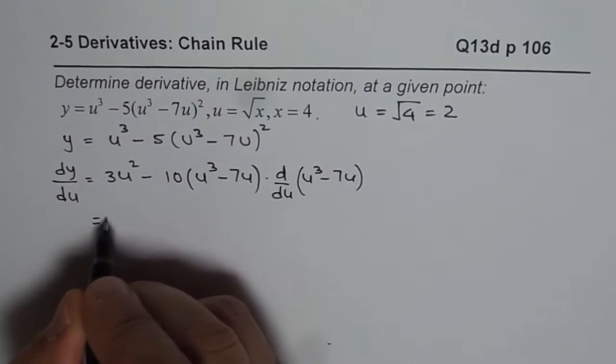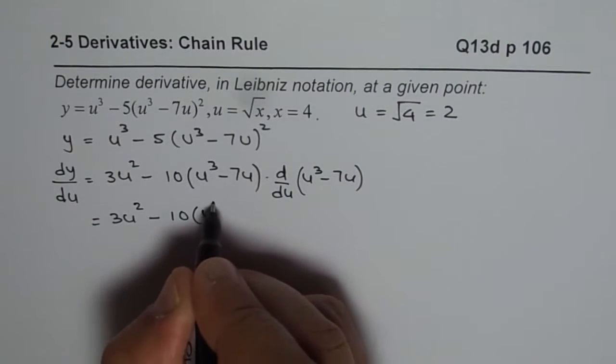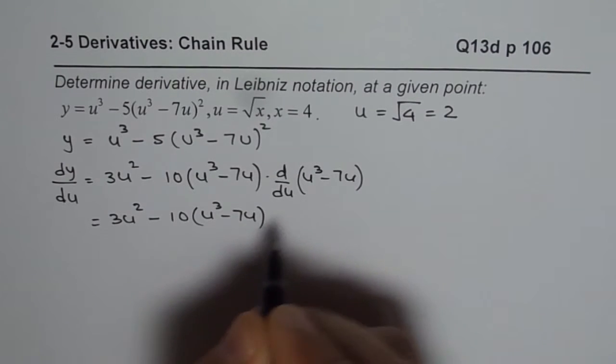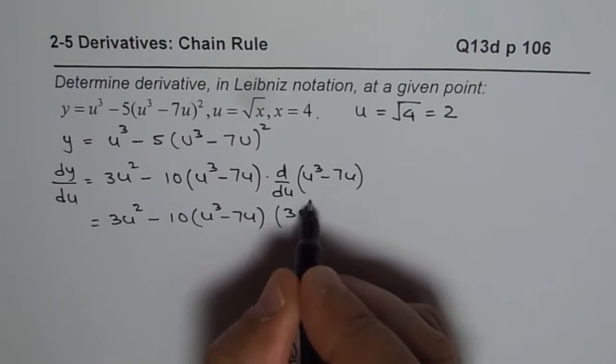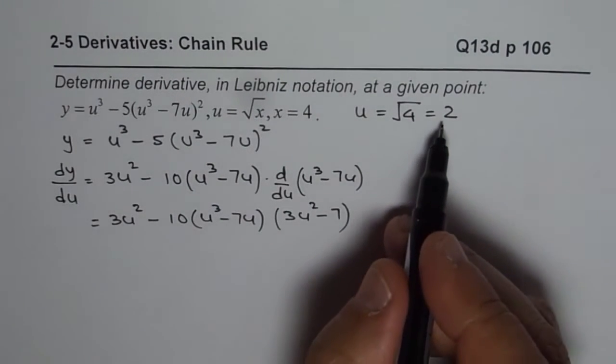And then we'll go further, so 3u squared minus 10 times (u cubed minus 7u), whose derivative is 3u squared minus 7, right?